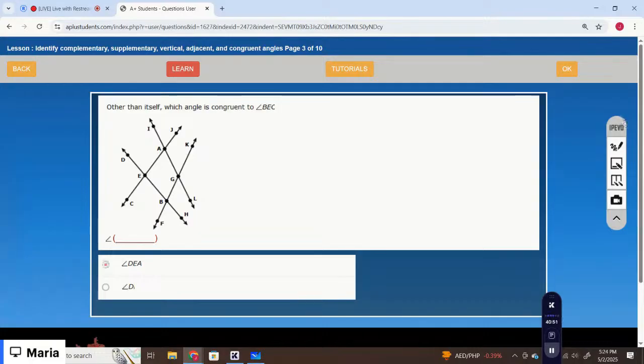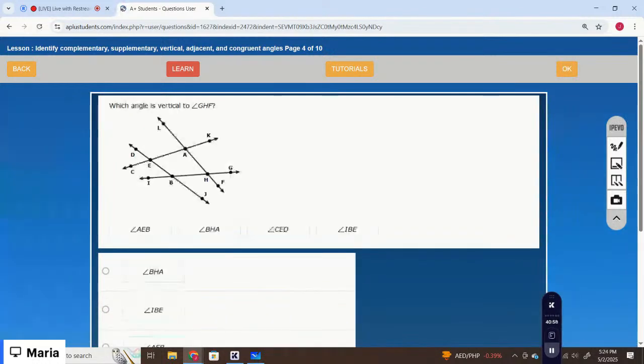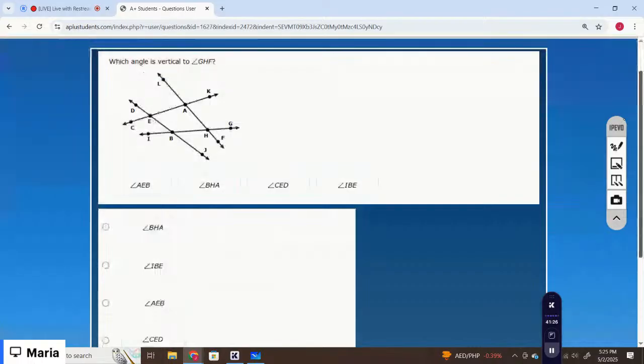Angle DEA is the correct option. Which angle is vertical to angle GHF? That is angle BHA.